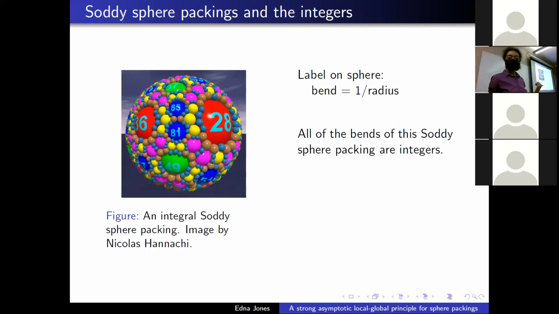In this particular example, all the bends are integers. This occurs frequently enough that number theorists are interested in this. And a natural question to ask, given that all these bends are integers, is which integers appear as bends?